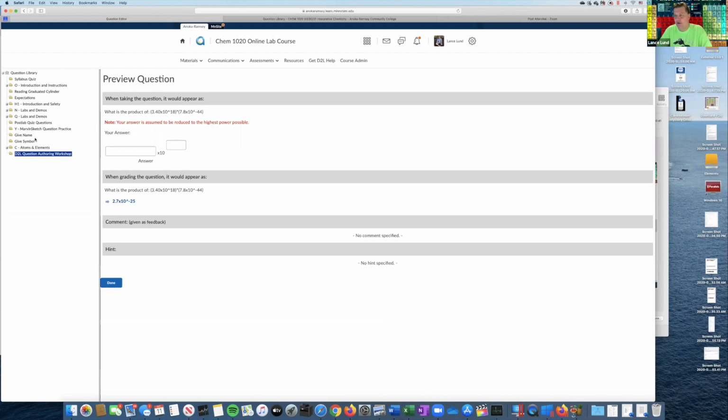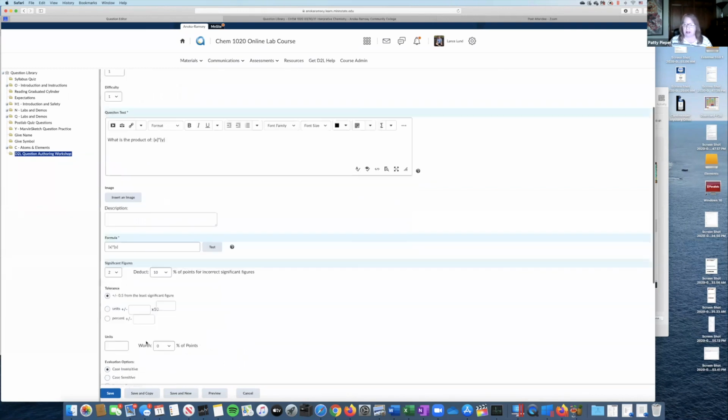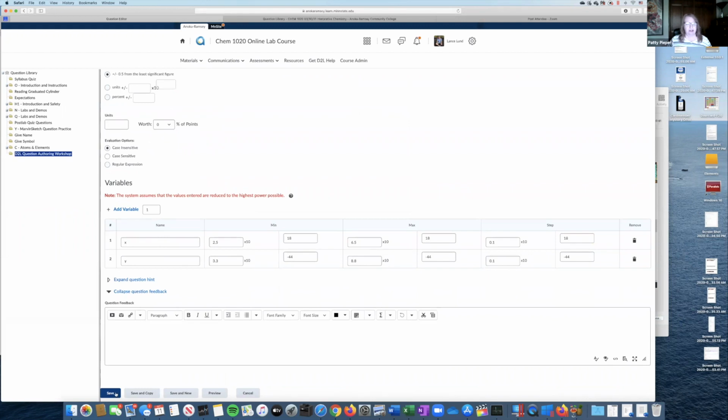Because if you author a problem that's arithmetic, you specify decimal places that the student's answering and not the number of significant figures. Yeah. So that's what I call the significant figures question, because you change the number of sig figs for what you want to test on, like 1 or 2 or 3. And that's why the name of this is called sig figs, even though all the numbers are in scientific notation.